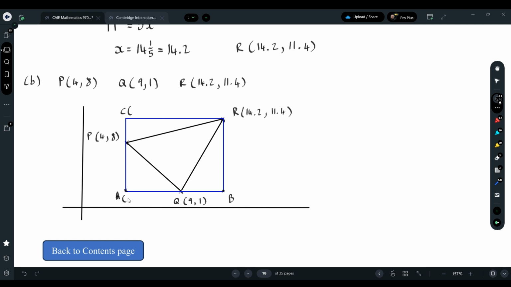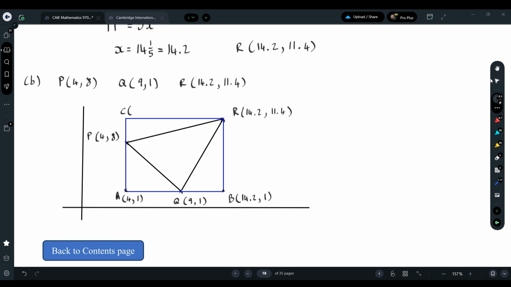And let's work out the coordinates of each corner. The coordinates of A is in the same vertical line as P, so it would have an x-coordinate of 4. It's in the same horizontal line as Q, so it would have a y-coordinate of 1. B would have the same x-coordinate as R, which is 14.2, and the same y-coordinate as A and Q, which is 1.